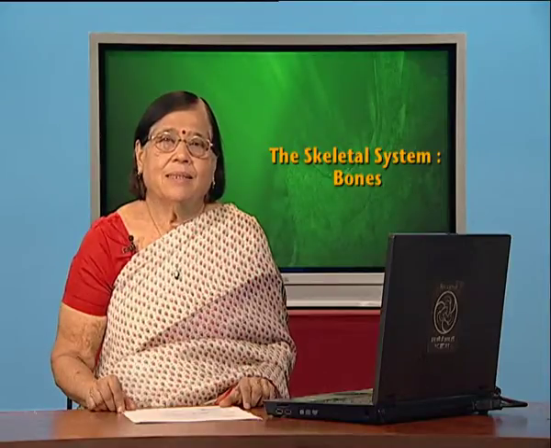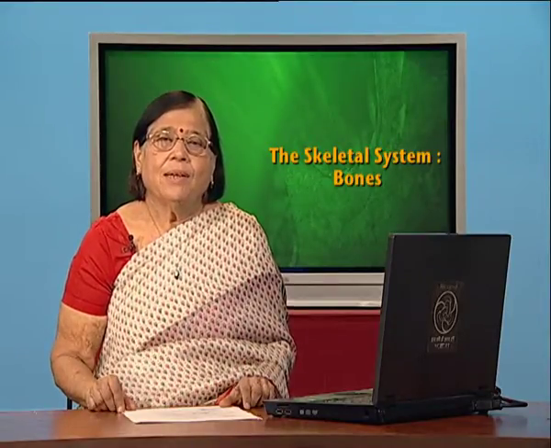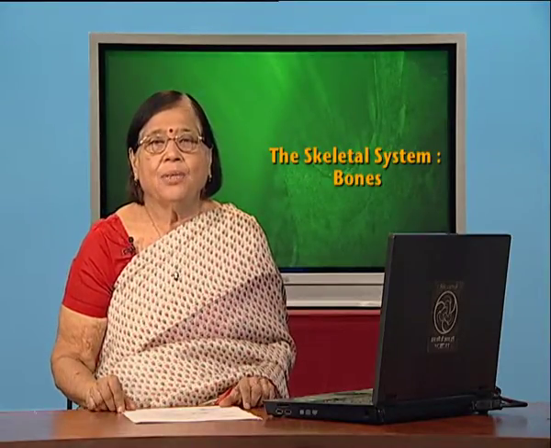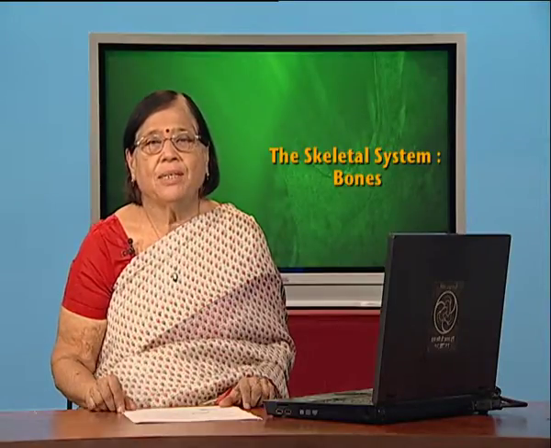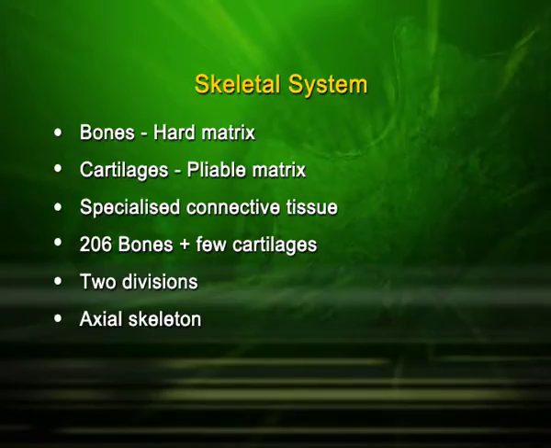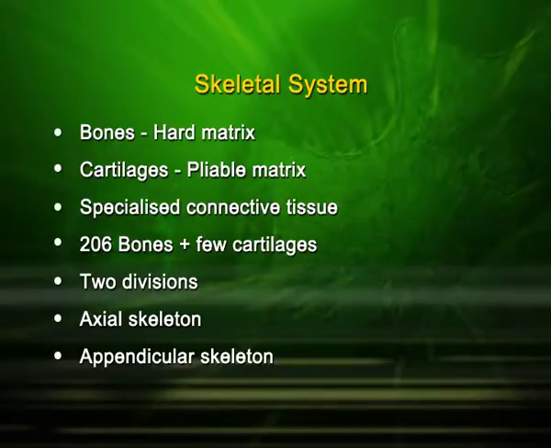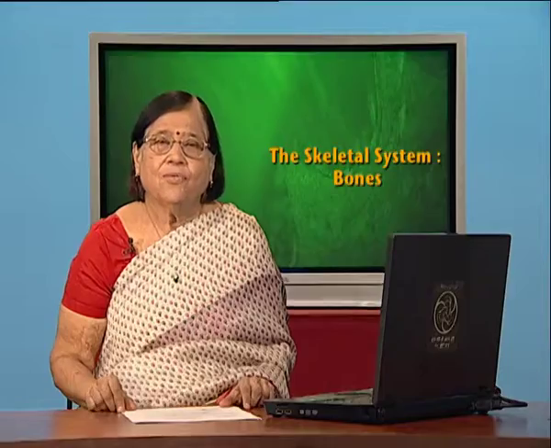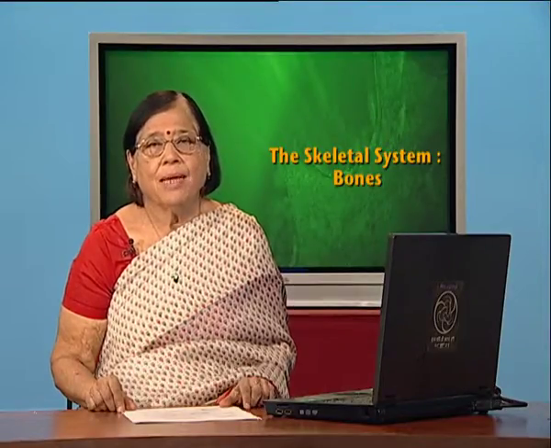To understand the skeletal system, we normally divide it into two major divisions, the axial skeleton and the appendicular skeleton. First, we will talk about the axial skeleton. As the name indicates, it constitutes the main axis of the body.